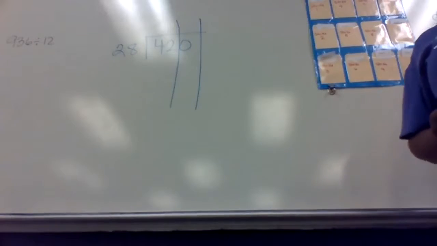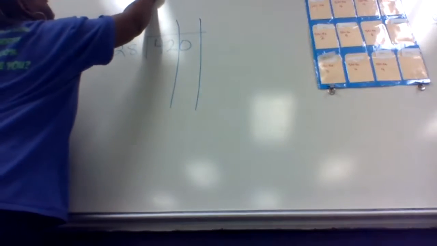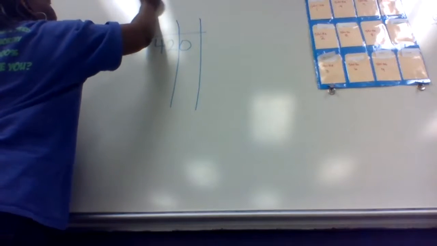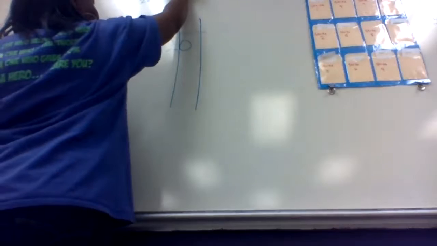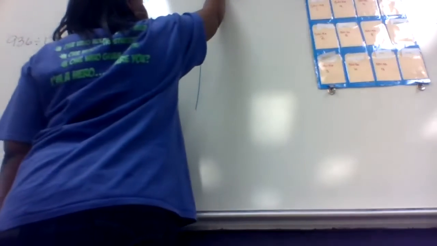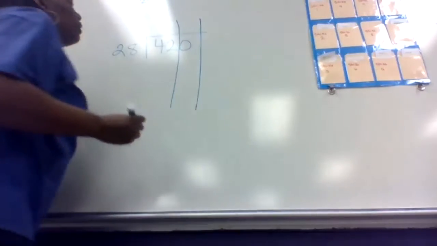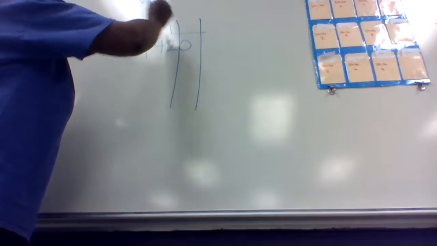Now, how many 28s are in 42? 1. All right. Because if you do 28 times 1 equals 28. If we do 28 times 2, 56. And 28 times 3, 84. Okay. So we're going to put a 1 here.